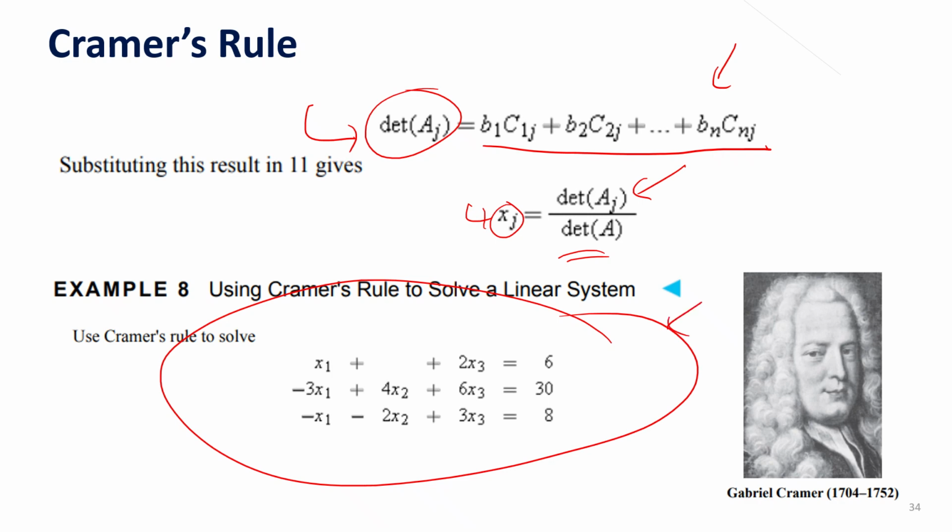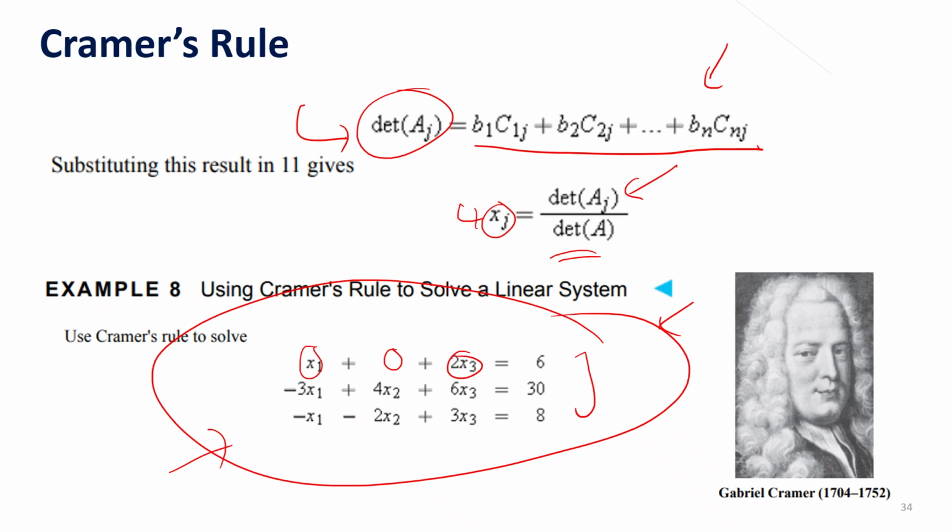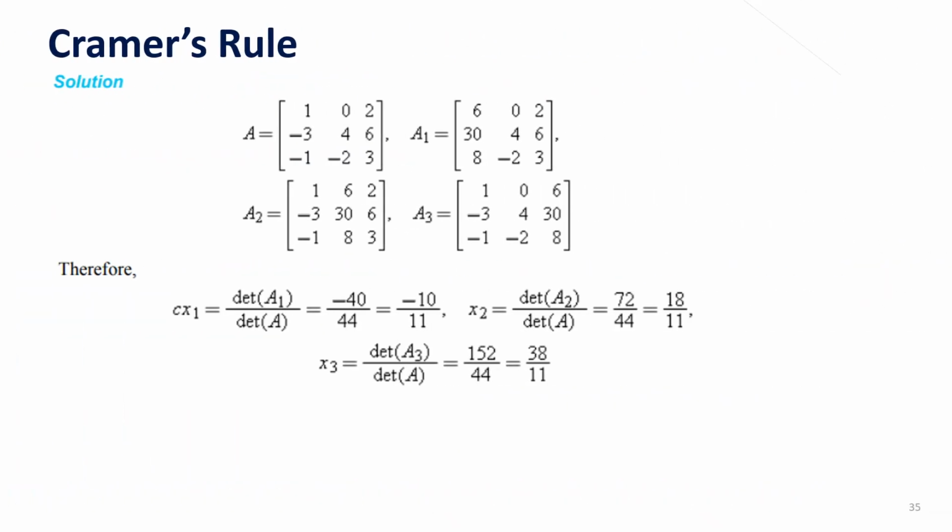You have this linear system, 3 equations with 3 unknown variables. Remember the b values here, the right hand side values, are 6, 30, and 8.